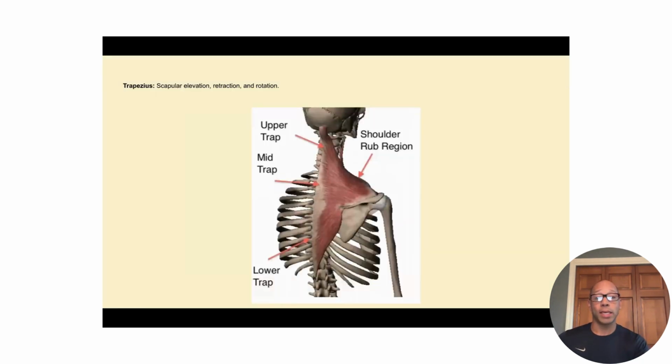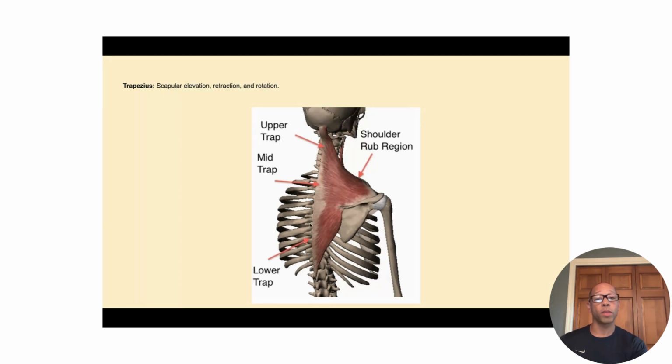The trapezius. Now I want people to see this full picture here of the trapezius, because when we think trapezius, often it is just the upper traps. This trapezius goes all the way down here to like T12, okay? All the way almost to the lumbar vertebrae is the length of this.